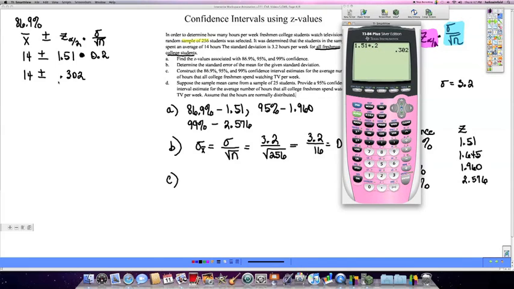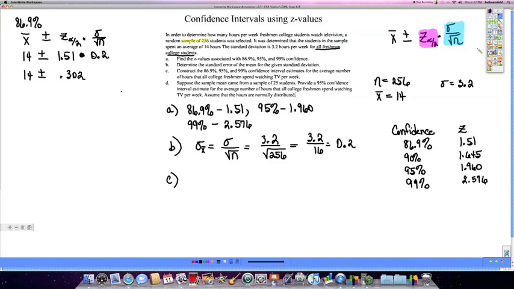Now, at this point, we're going to add and subtract the 0.302 to 14. So we'll say 14 minus 0.302, and it's 13.698.